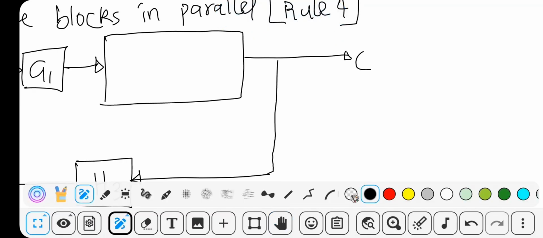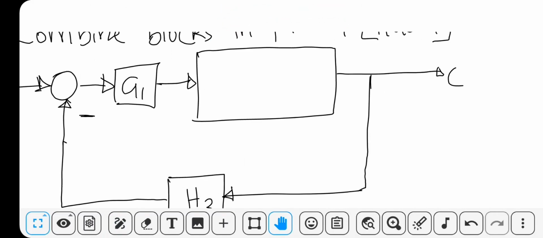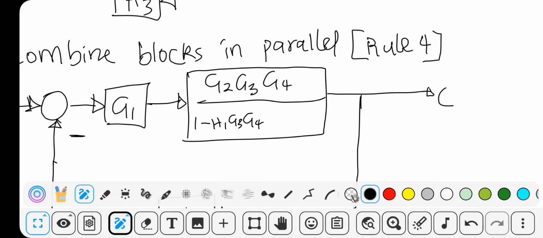So now, after reducing that in parallel, this is your result: 1 minus H1 G3 G4 minus H2 G2 G3.